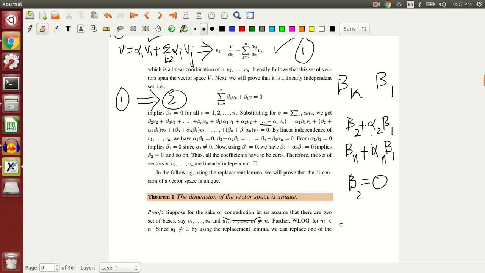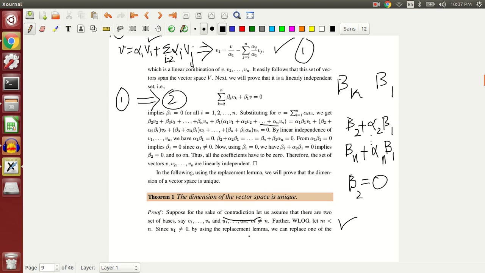It's a very important point. This forms the basis for why this is true. So you have two sets of vectors, v1 to vn and u1 to um. The indices are different, m is not equal to n, and m is less than n.